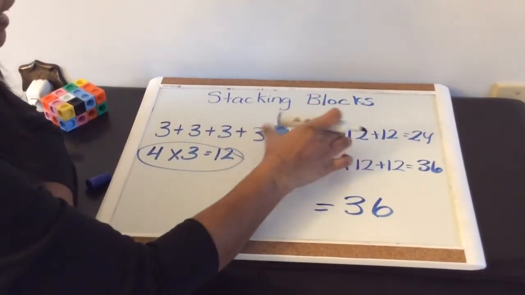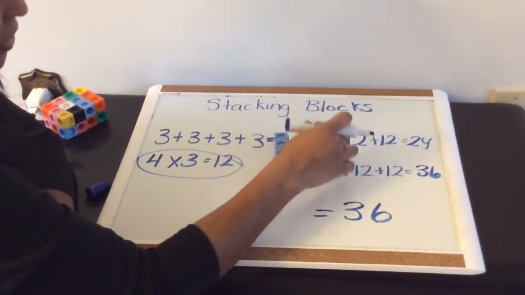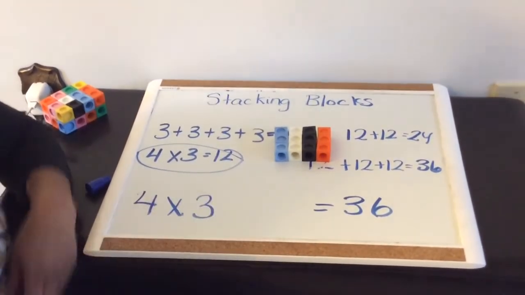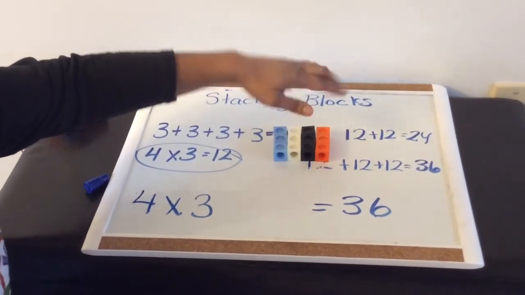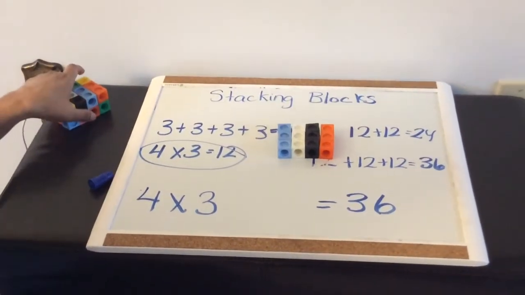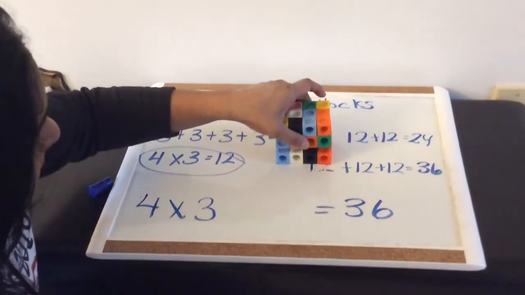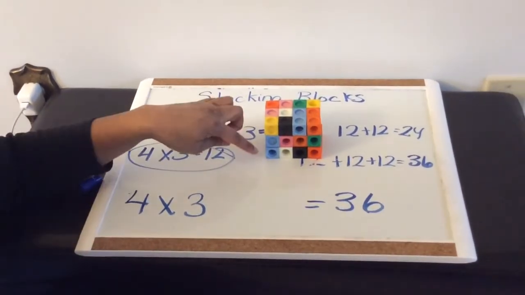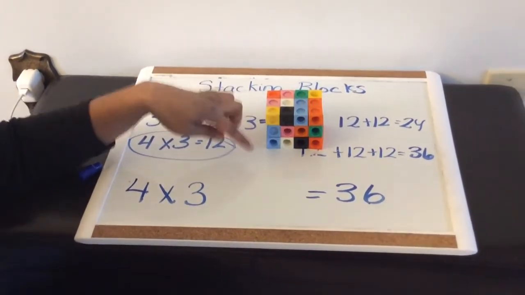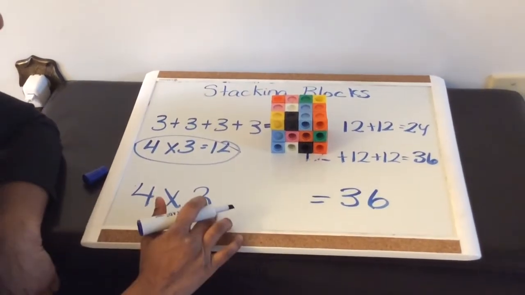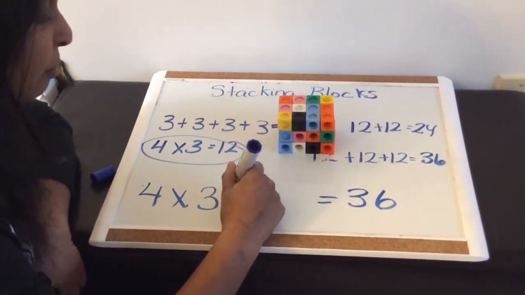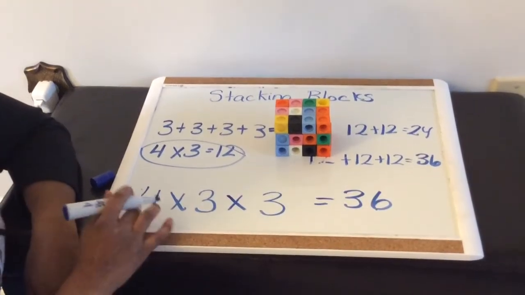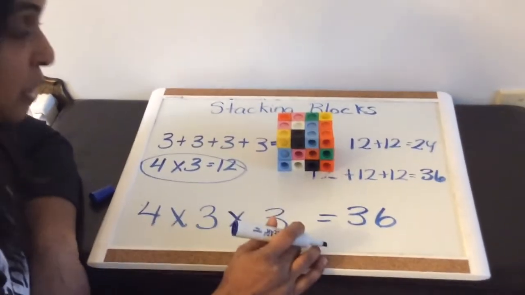I thought of it just like area, and I thought, okay, 4 times 3 for that first layer. And then I added 2 more layers on top. So altogether, there's 12, 3 times here. So 4 times 3 will give me 12. And then if I multiply that by the number of layers, then I get 36. 4 times 3 is 12, times 3 is 36.